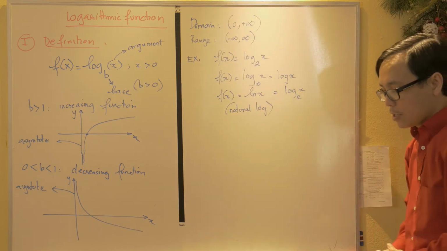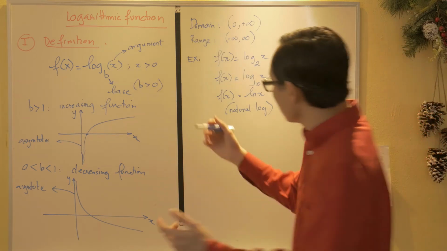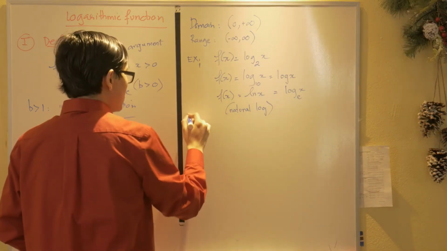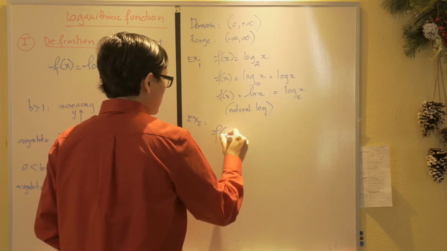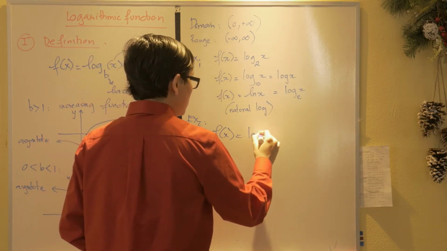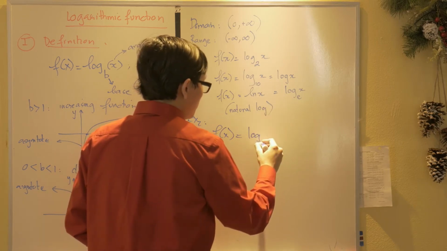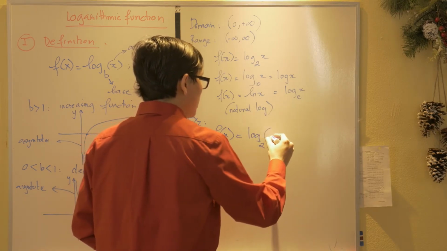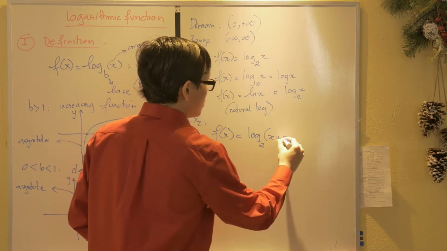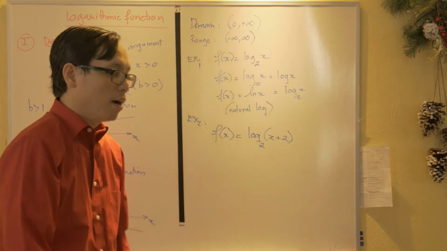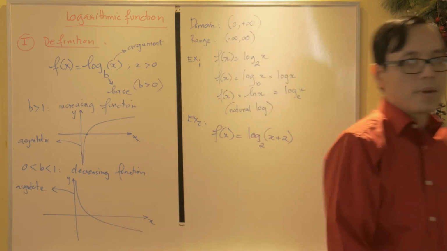Then what would be the function when we have a different domain? Example 2. For example, I have f of x equal to log base 2, however the argument will be different, x plus 2. What does it mean? You remember we learned transformation of functions?